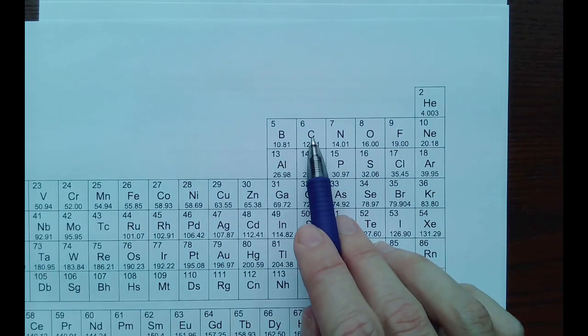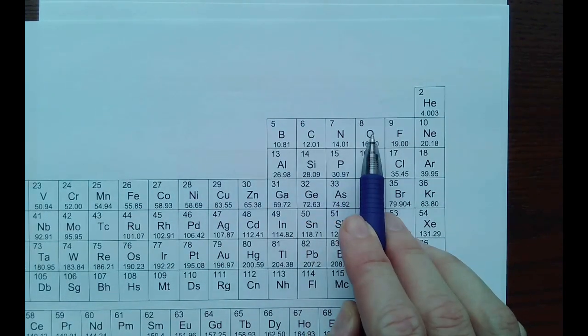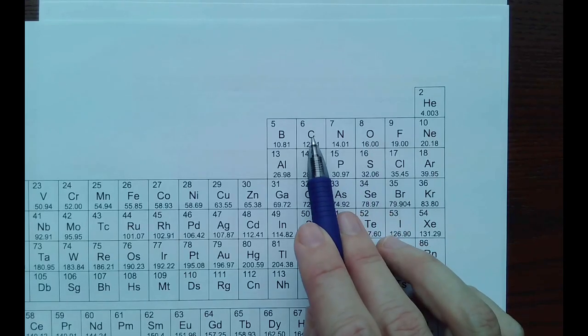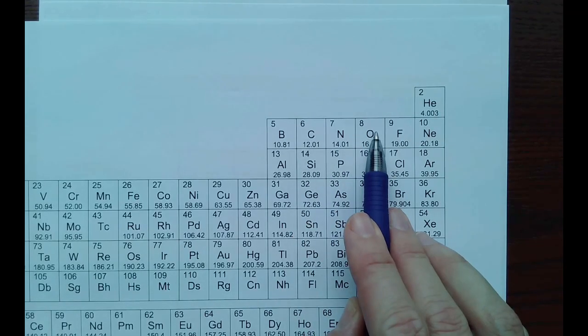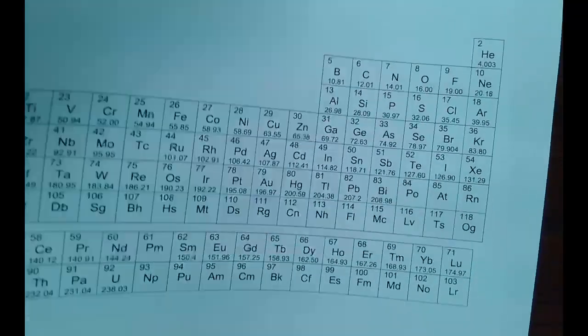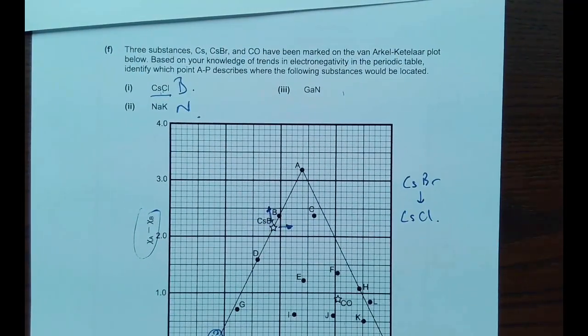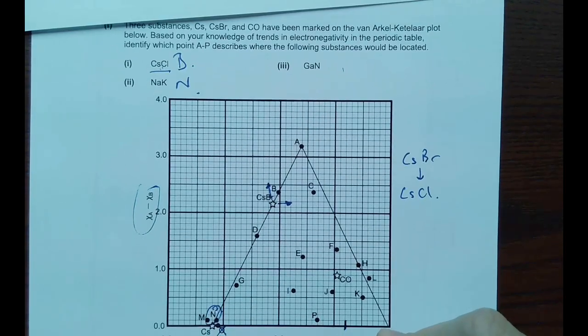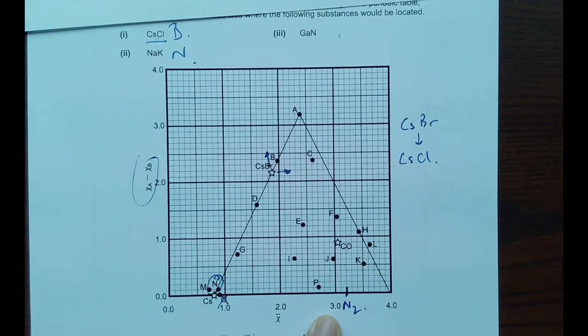So, I thought to myself, well, if I've got carbon monoxide, the average of those two is going to be about the same as the average of nitrogen. Okay, so the value on here, I think nitrogen, N2, is going to be about there.